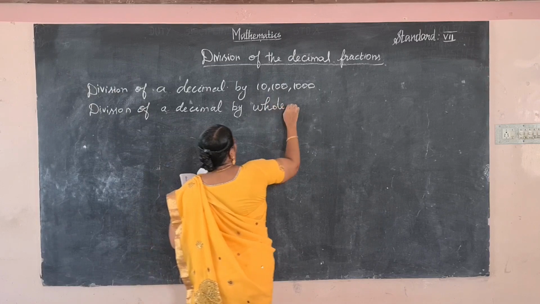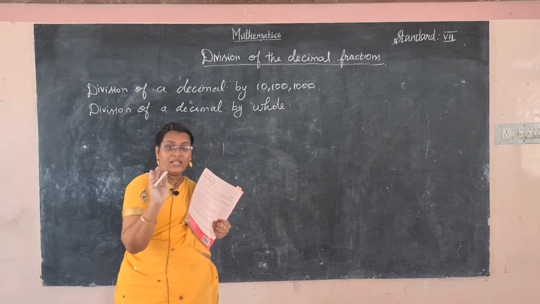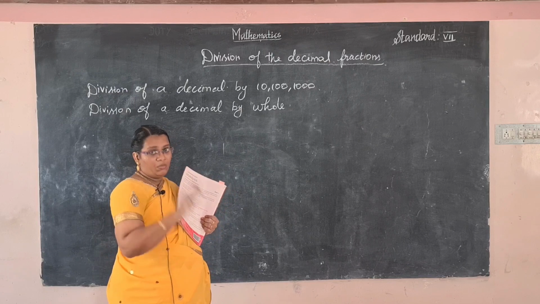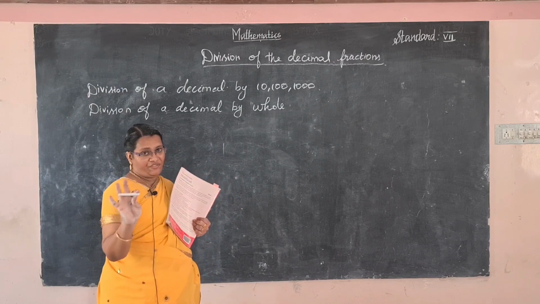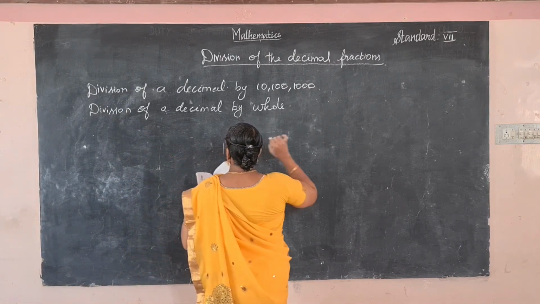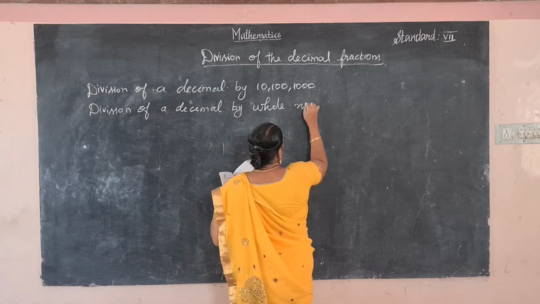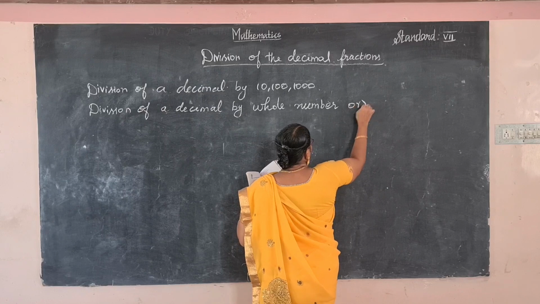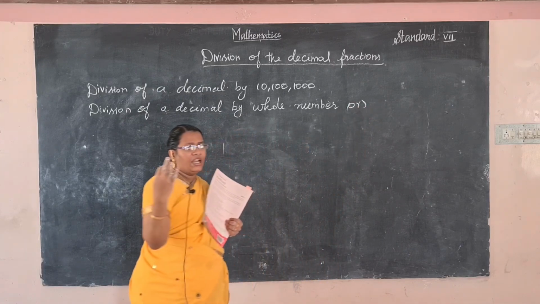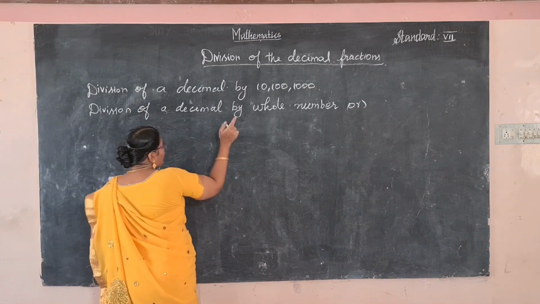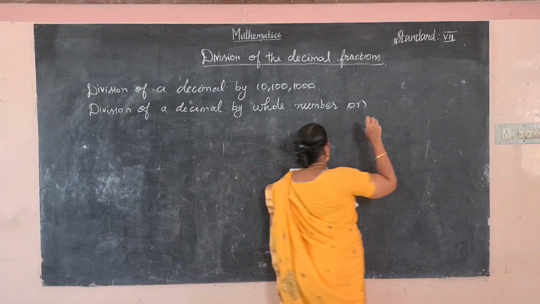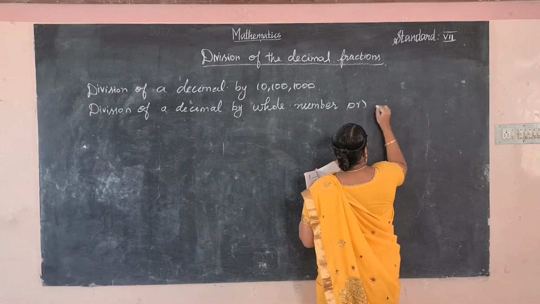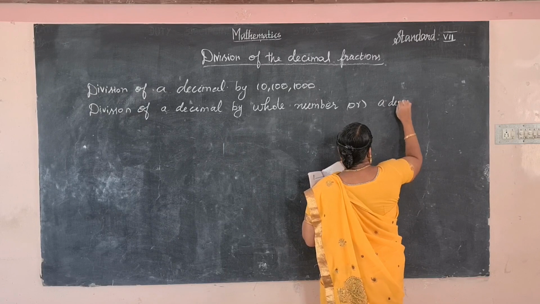In the previous class we learned the multiplication, the same method. So the operation is only different. So division of the decimal by a whole number. Or what we learn in the third type, division of the decimal by a decimal.